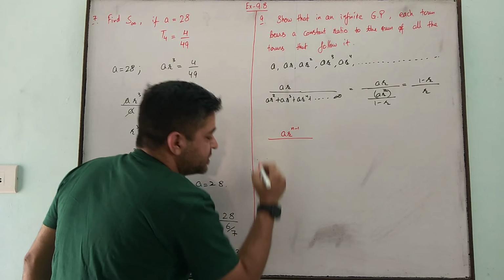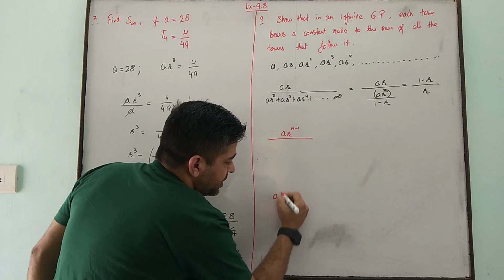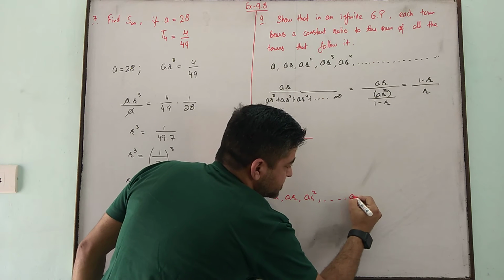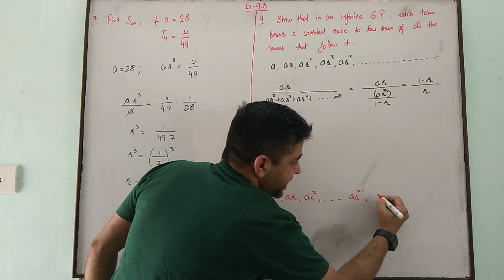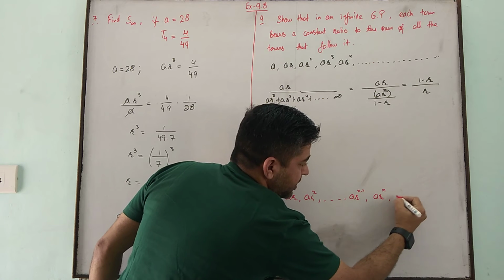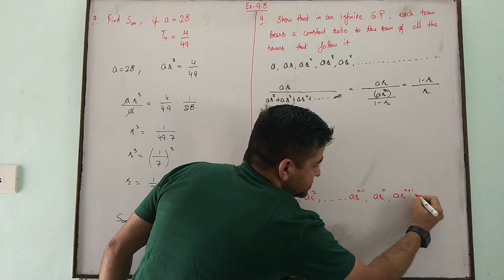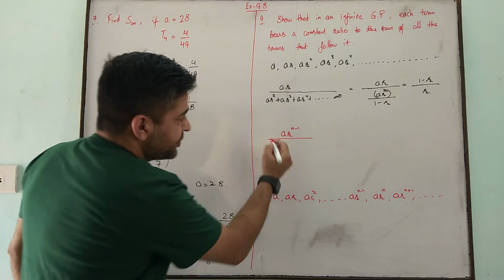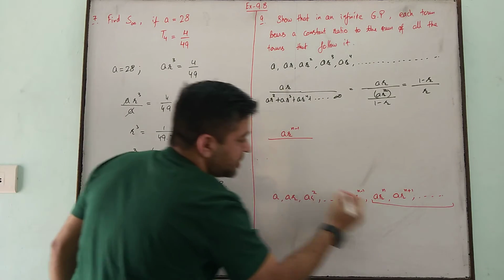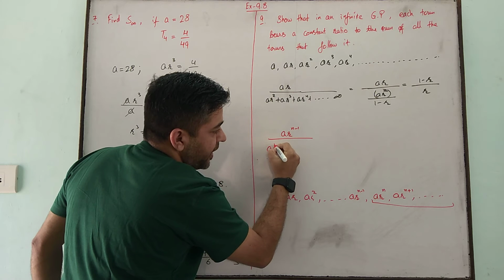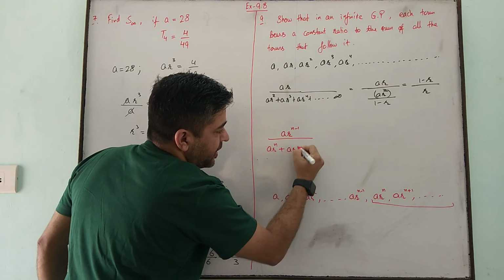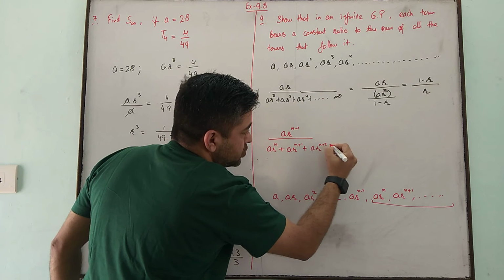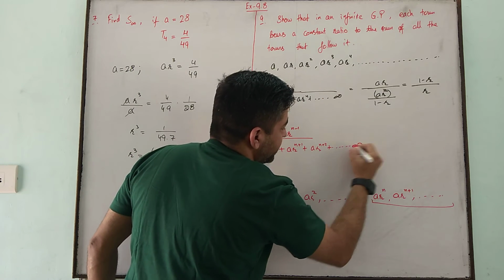Now the following terms: any general term is AR to the power n minus 1, its next term will be ARn, the next term will be ARn plus 1 and so on, multiplying by R each time. So all the terms that follow it, the sum of all those, ARn, ARn plus 1, ARn plus 2 and so on up to infinity.